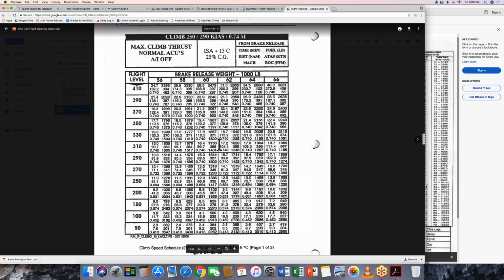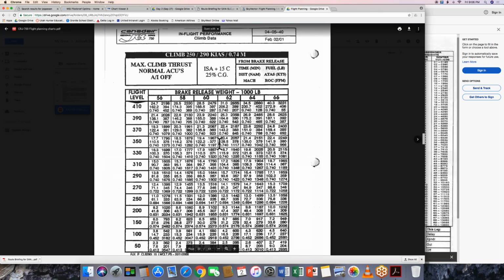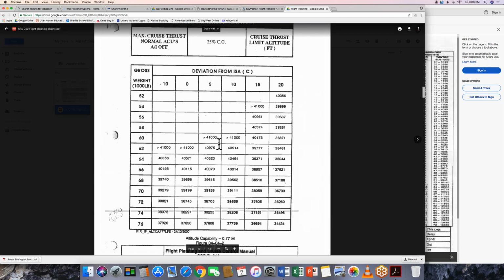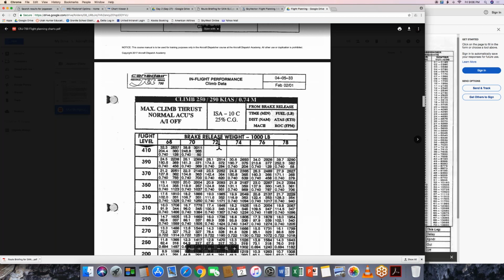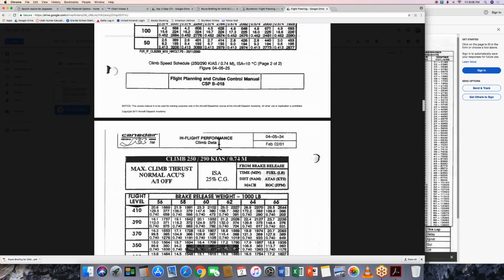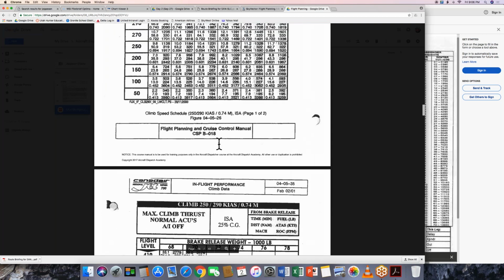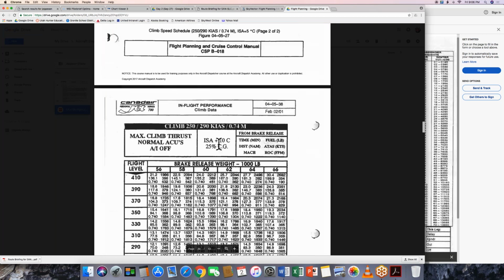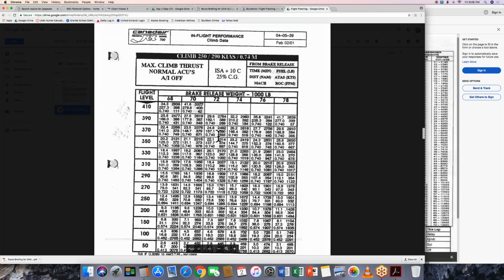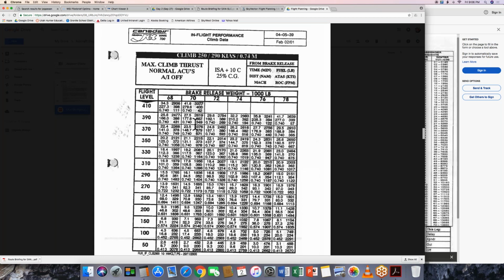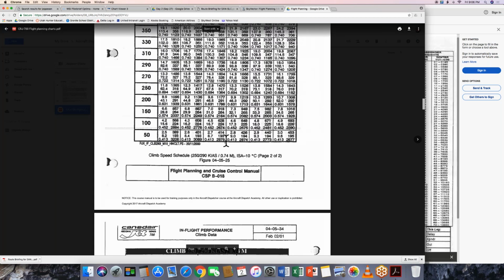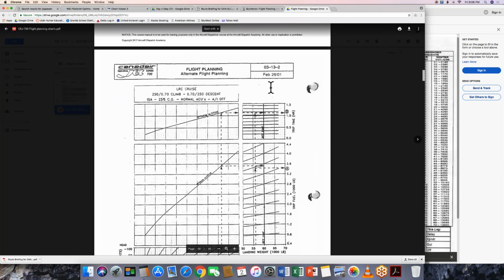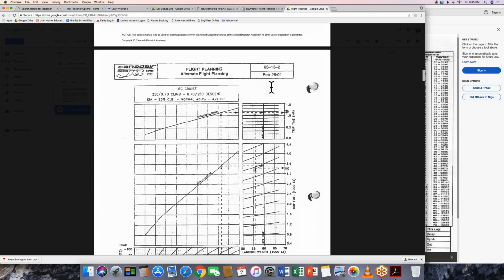Oh, there's 15, so there's a 15 chart there. It'll go to negative 10 as well: ISA negative 10, then ISA, then ISA plus 5, ISA plus 10, ISA plus 15, and ISA plus 20. Right now we're ISA plus 10 at San Diego.